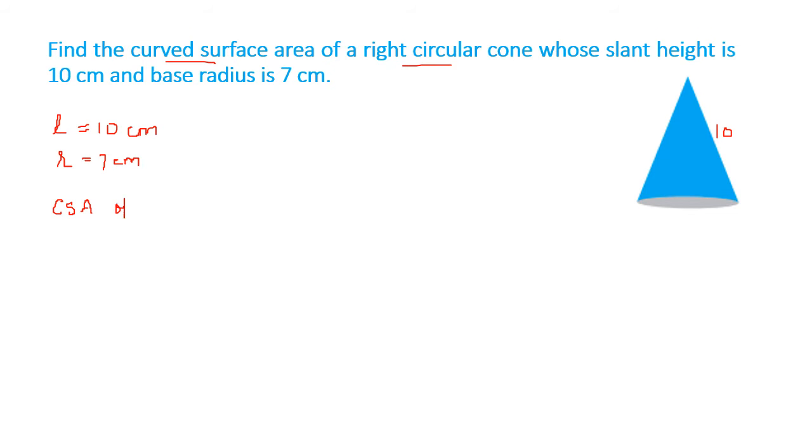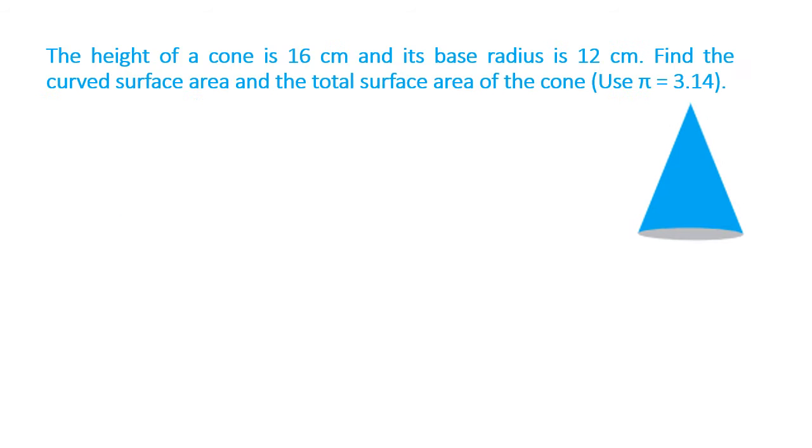CSA of cone equal to pi r L, value 22 by 7, r is 7, L is 10, 7 and 7 cut, 220 centimeter square is the curved surface area of the cone. Easy? So once you know the formula well, the sums are very simple.